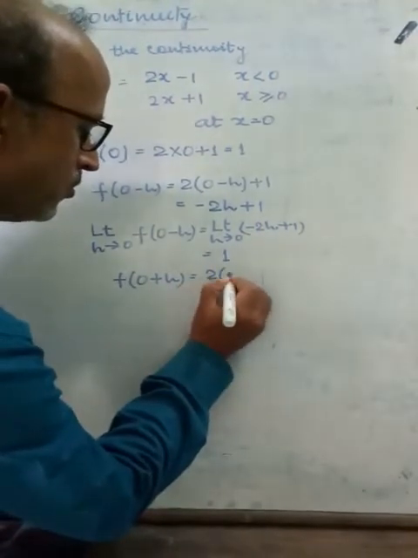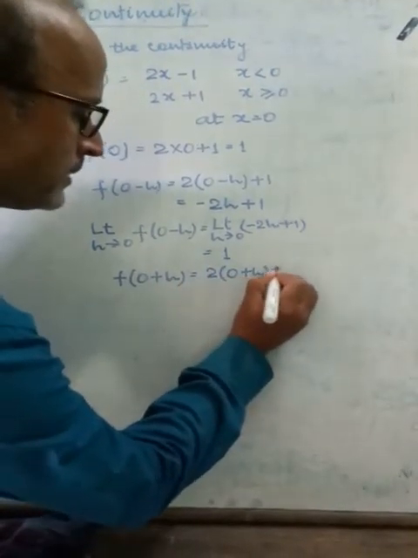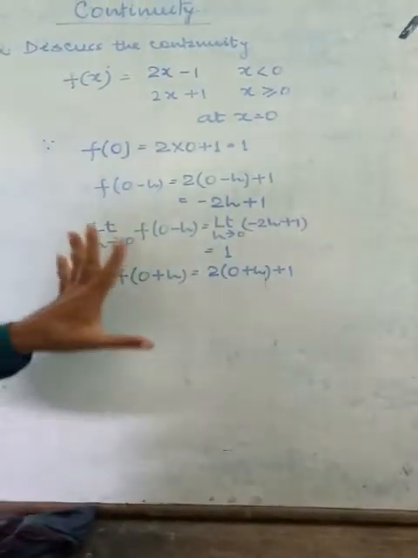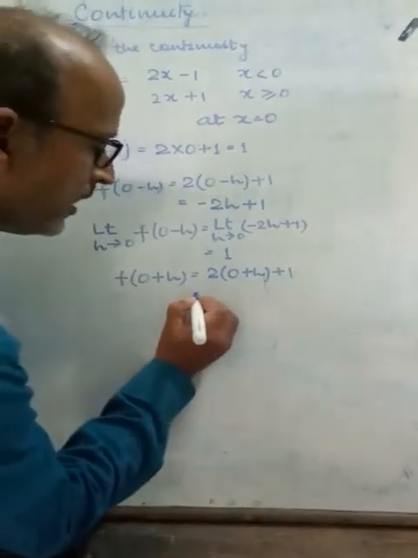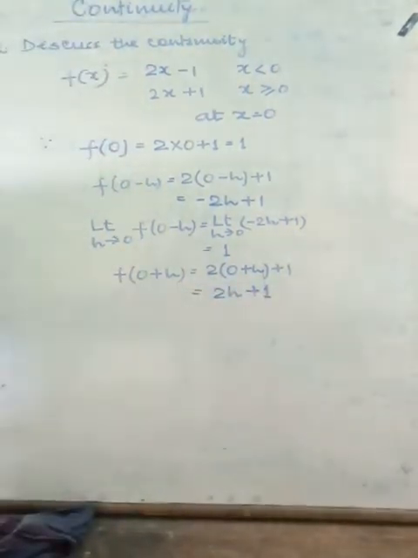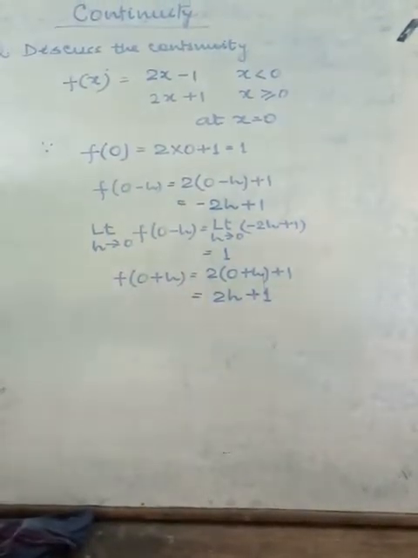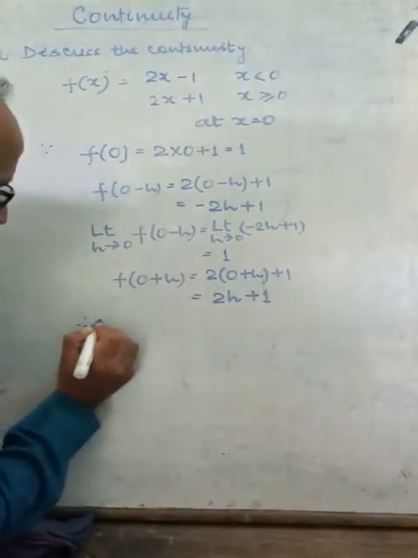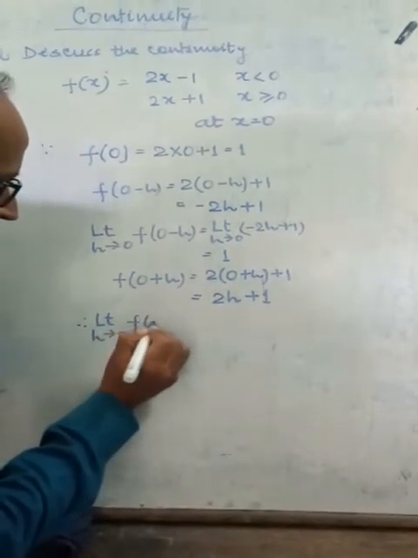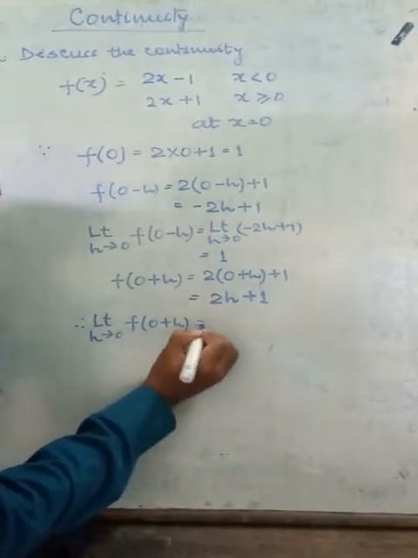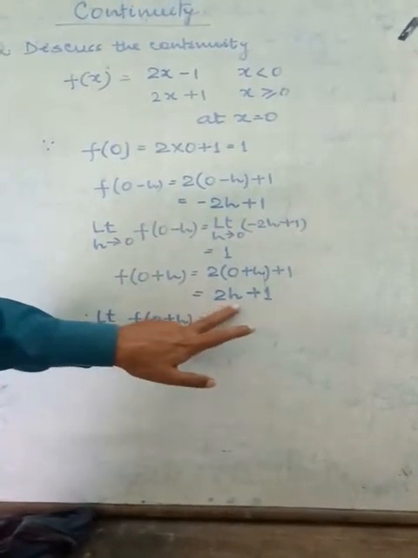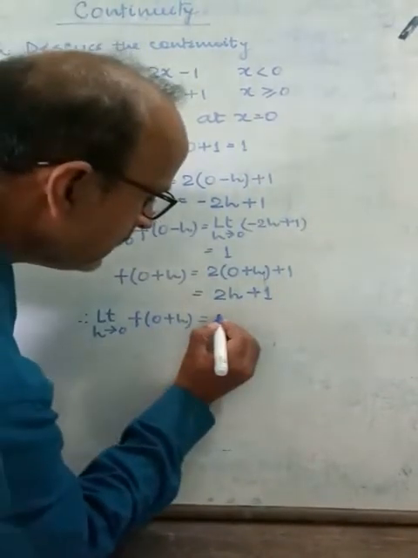So it should be 2 into (0 plus h) plus 1, which is 2h plus 1. Now take the limit as h tending to 0, so this becomes 0 plus 1.